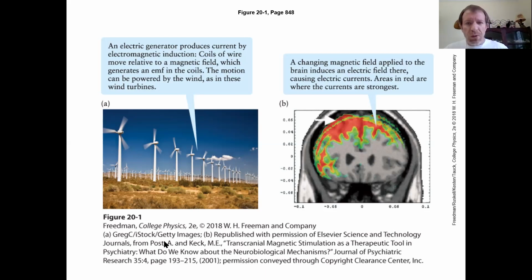We can also, this is transcranial magnetic stimulation as a therapeutic tool. Yes, that's exactly what I wanted to talk about. We can use this idea to actually treat some types of mental illness.